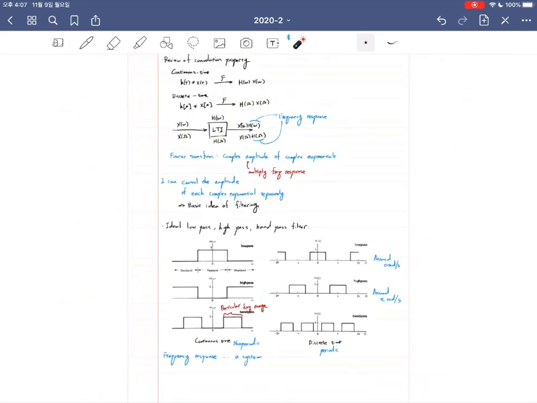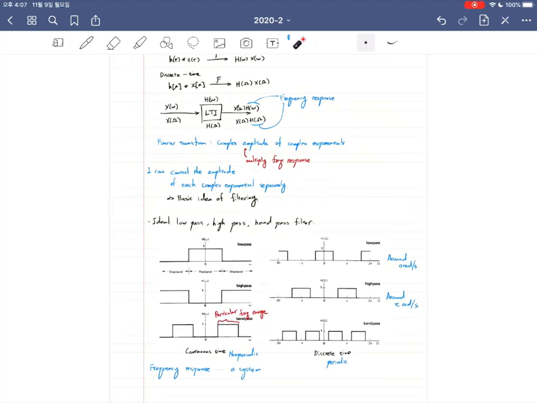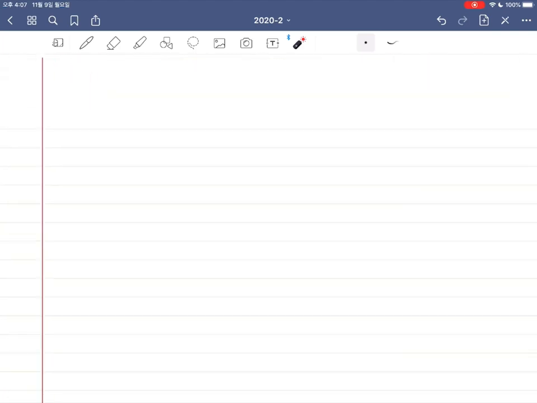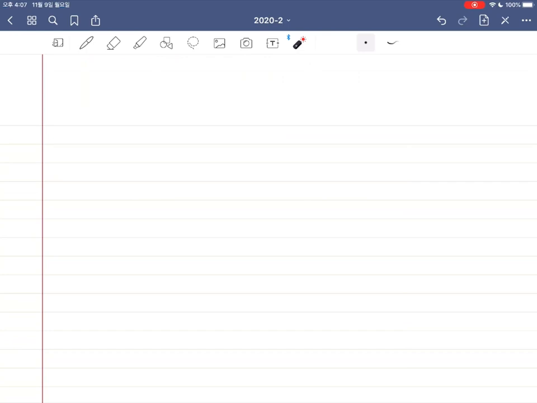So I'm going to move on to the next topic because we did quite a lot of things for ideal low-pass filter and high-pass filter. The next thing I want to do is to check the impulse response of this ideal low-pass filter.